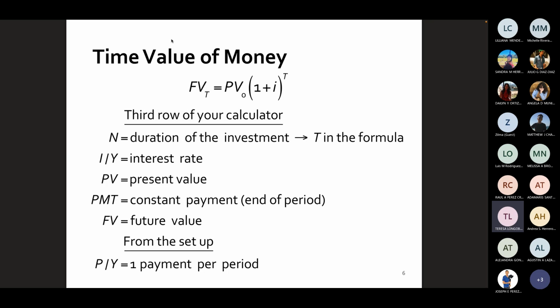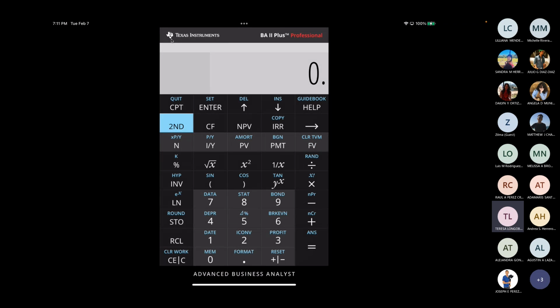All the formulas that I give you are arranged so that there's only one payment each period as defined by the problem. So we're working in years right now, so there's only one, sorry, there's going to be 2 periods of accumulation. Anyway, we'll talk about payments later, but what I want to do is set up the calculator for one payment per period. If you hit second function and P/Y, there should be a 1 there. If it's not a 1, you need to set it to 1.